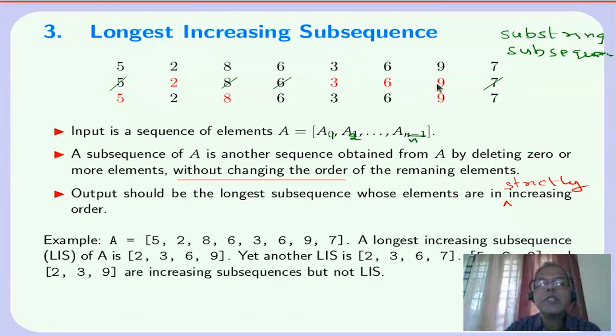2, 3, 6, 9 is an increasing subsequence. 9 is larger than 6, which is larger than 3, which is larger than 2. 5, 8, 9 is also an increasing subsequence. 9 is larger than 8, 8 is larger than 5. It is possible to come up with a number of increasing subsequences. Out of all the increasing subsequences possible, find the longest increasing subsequence.